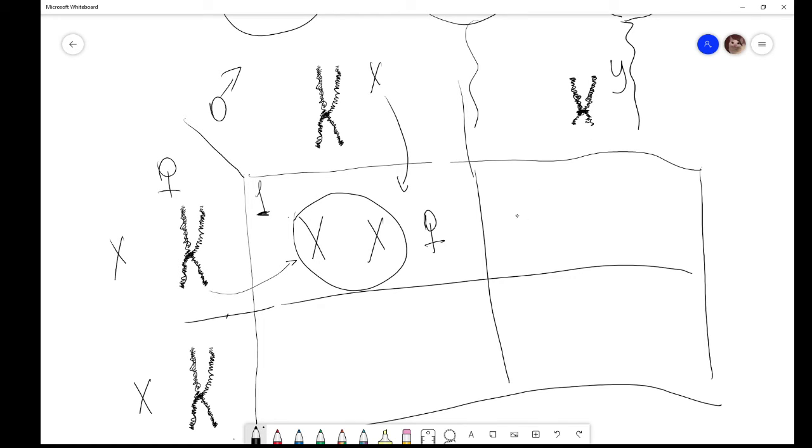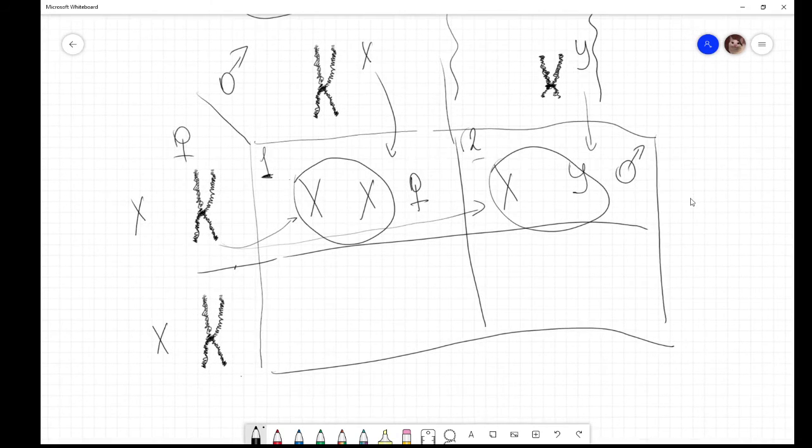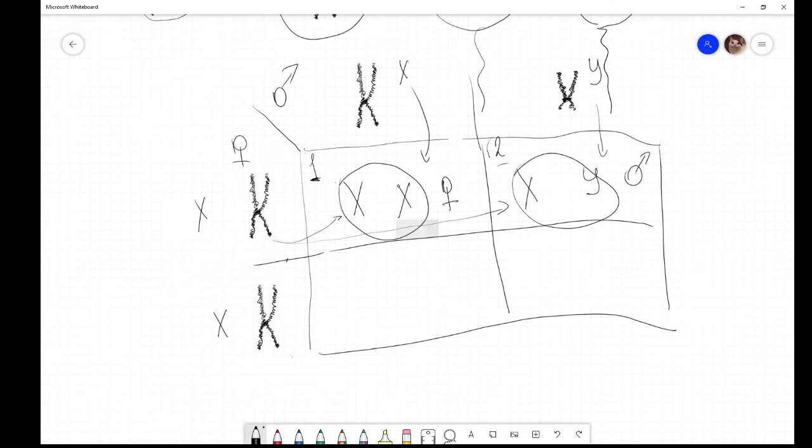The next one is an X chromosome from the mother and a Y chromosome from the father, and this organism is male.